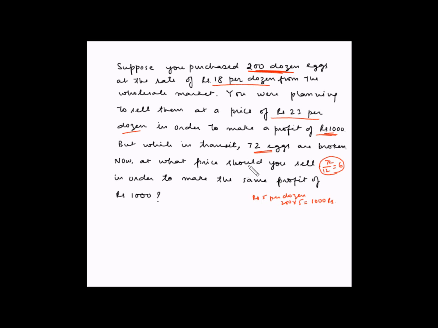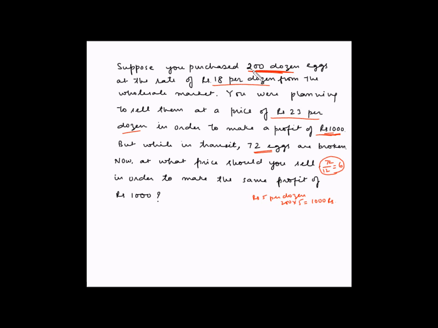But you still want to make a profit of rupees 1000. So at what price? So now you are planning to have a selling price of rupees 23 per dozen earlier with 200 dozen eggs, which would give you a profit of 1000 rupees. You want to continue getting the same profit, which is rupees 1000, but now the quantity available has reduced.